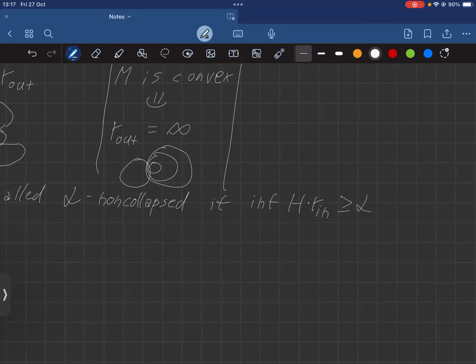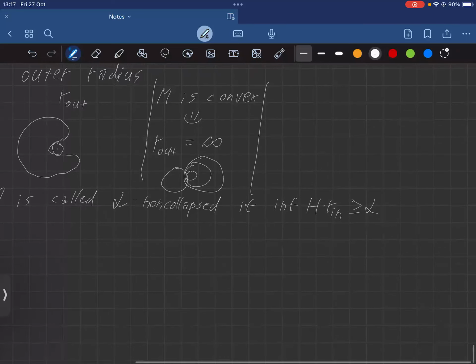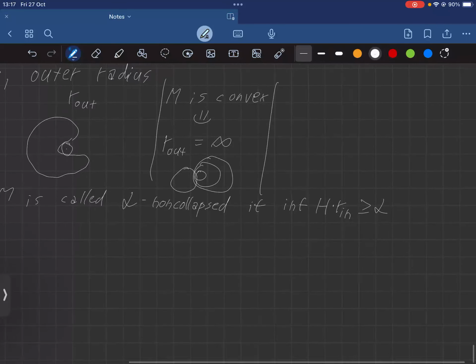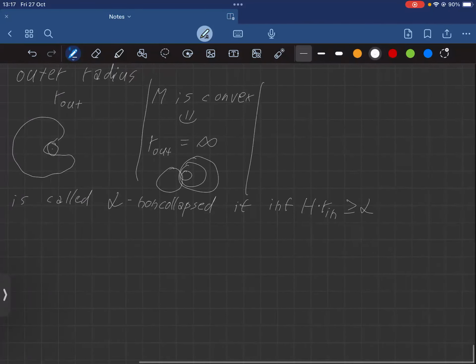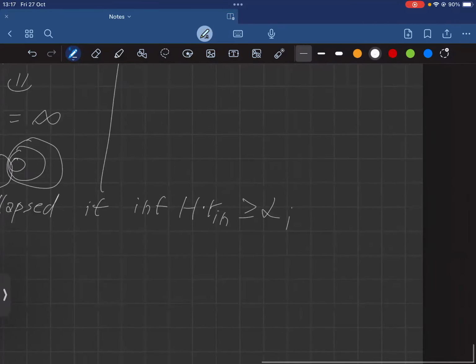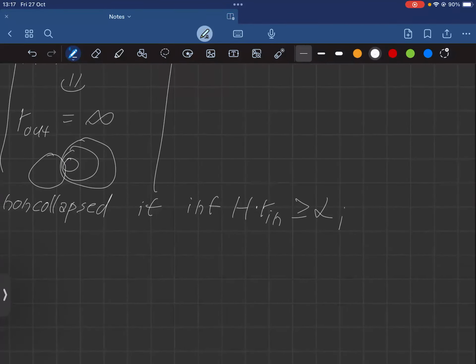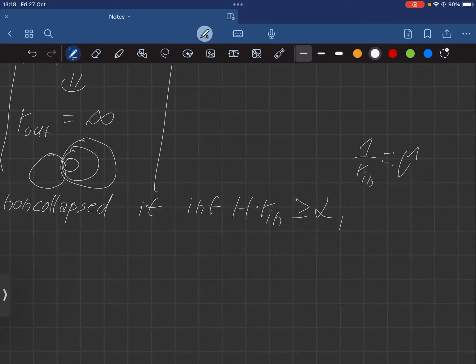So basically, our balls are bounded from below. Okay, small remark. I'm going to sometimes use the notation that 1 over the inscribed radius is the same as me, just a notation.